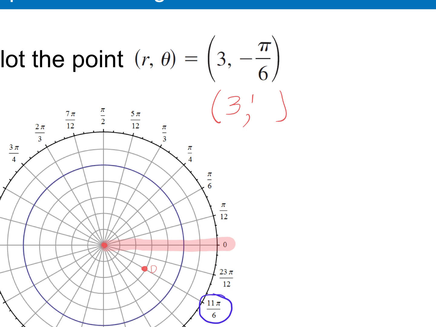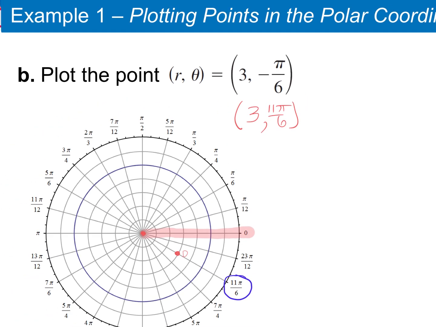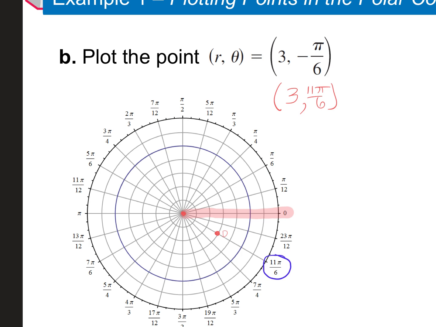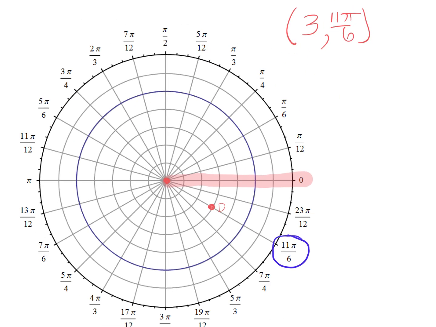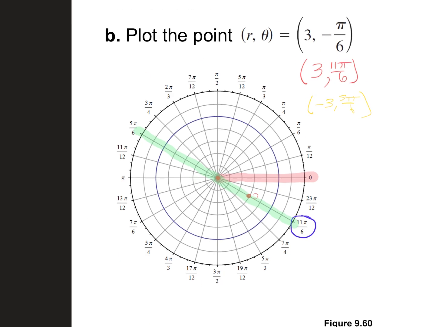What's another way I could name it? I could say negative 3, comma, 5 pi over 6. Look at you guys. You see that? All right.